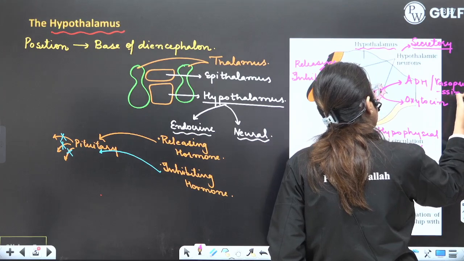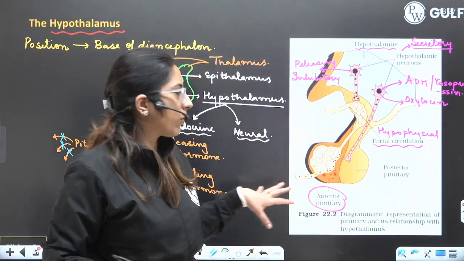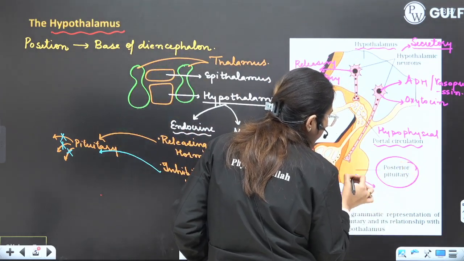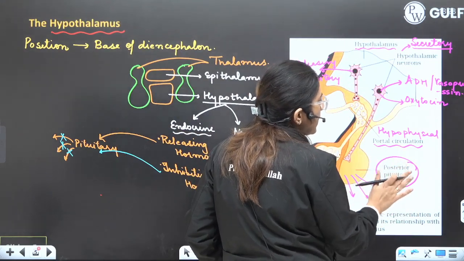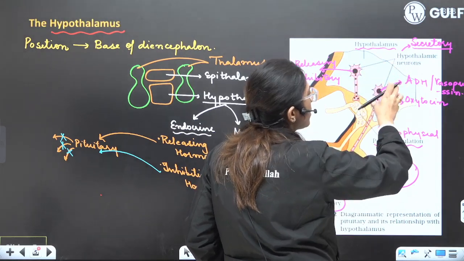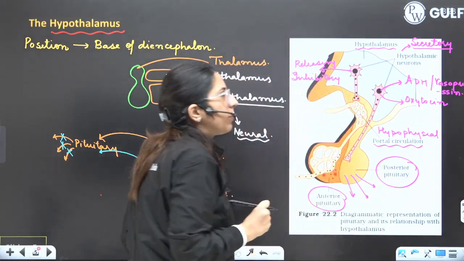These two hormones, ADH and oxytocin, go directly to the posterior pituitary and are released from it. So the posterior pituitary does not synthesize its own hormones. It is the hypothalamic neurons which synthesize these hormones, and ultimately they are released from the posterior pituitary.